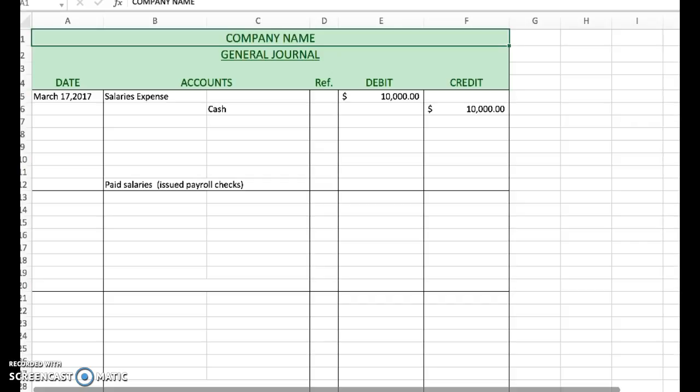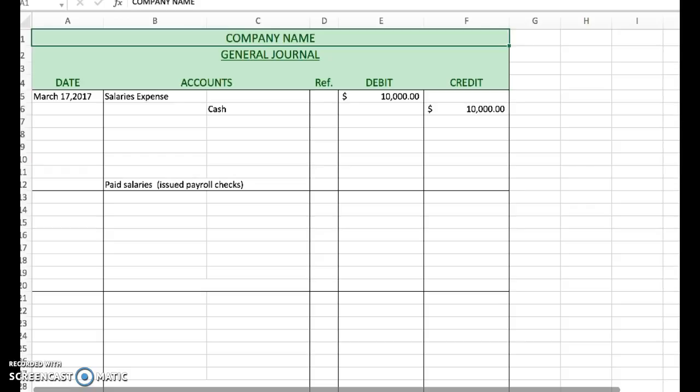You had a couple of problems in topic 5 dealing with journalizing, and a couple of the transactions were looking like this. This happens to be dated March 17, 2017. You see salaries expense debited for 10,000, cash is credited by 10,000. That's the transaction we had a couple of times.